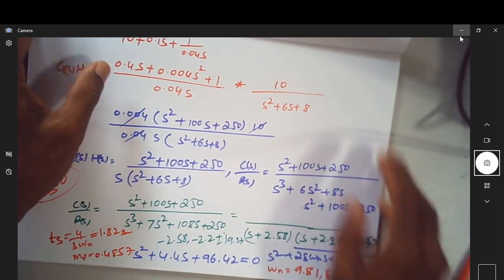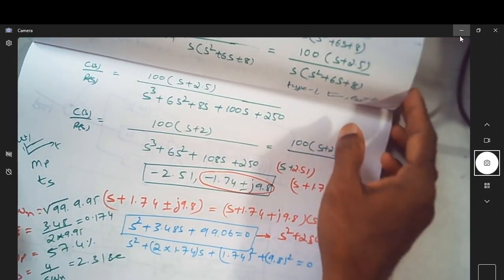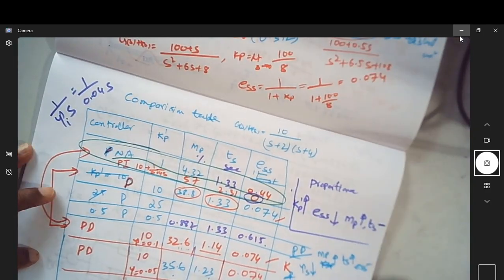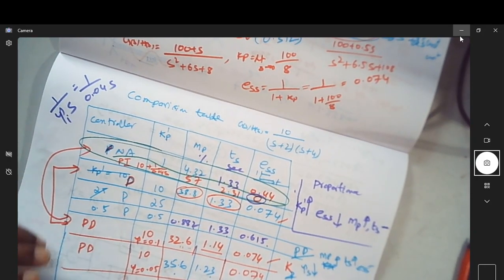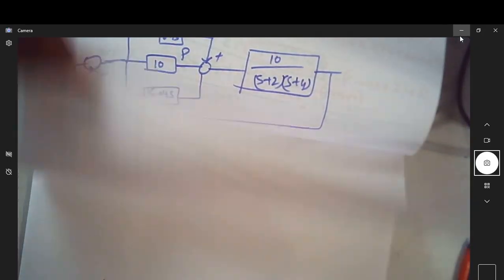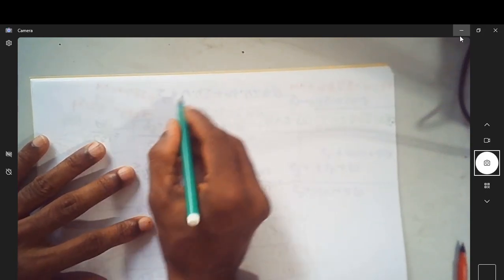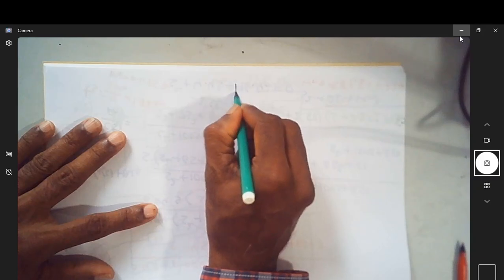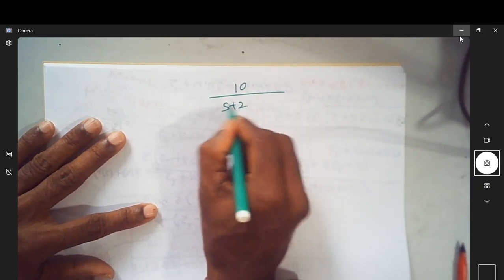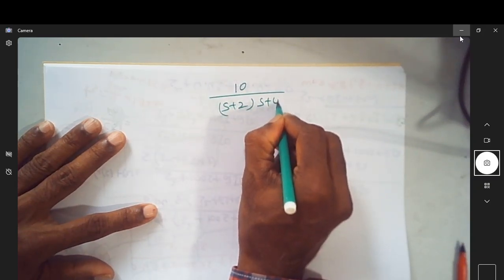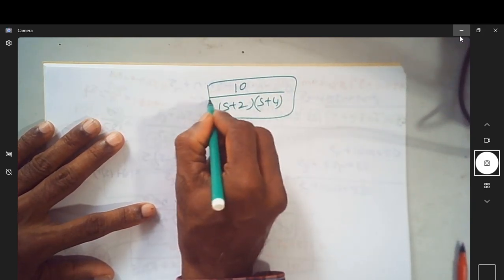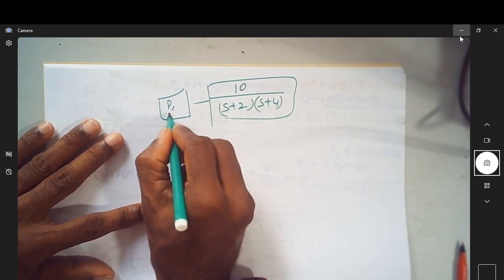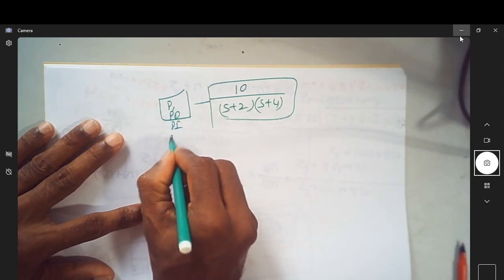So now we can make a fair comparison. Let me write it here separately. What is it for different controllers and for the same transfer function, for a system having a plant transfer function of 10 by (s plus 2)(s plus 4), if the controller is P, PD, PI or PID.